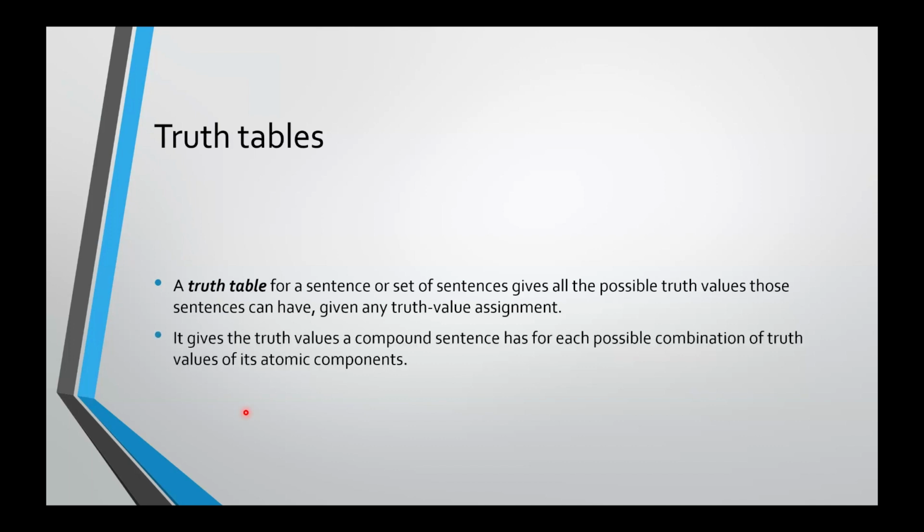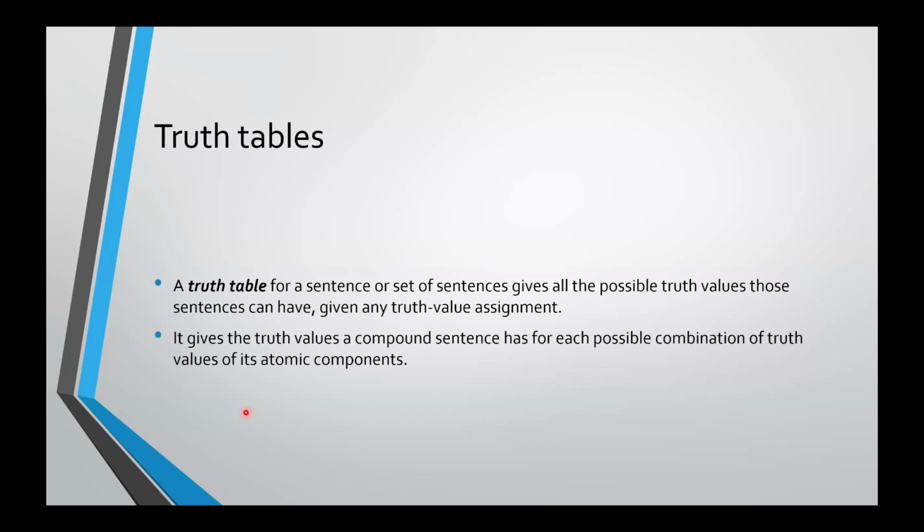Which means that for a compound sentence, the truth table only has to give the truth values that sentence will have for every possible combination of truth values of its atomic components. So they're not infinitely large. You only have to consider the values that the atomic sentences that are components of that sentence could have. But you have to look at all possible combinations of them.